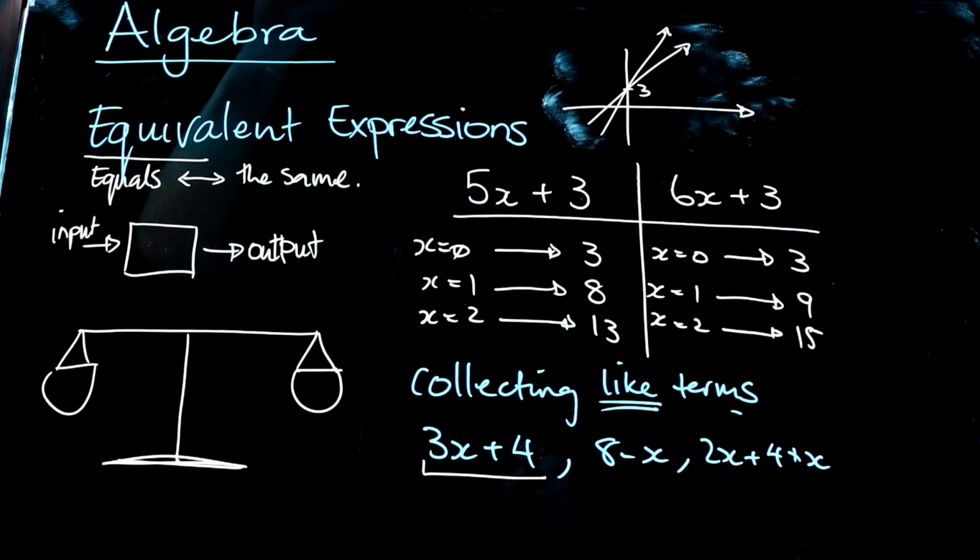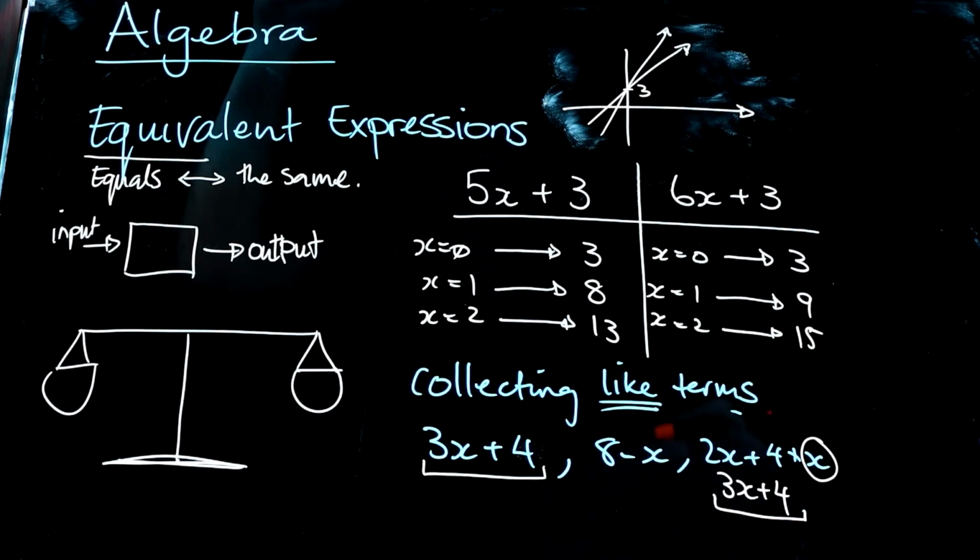I think this guy here, and see there's an extra x here. Collecting like terms, we've got 2 x's here plus another one here. I'm going to rewrite this as 3x plus 4. So I know looking at that, they produce the same values. And that is the next set of work that we're going into.